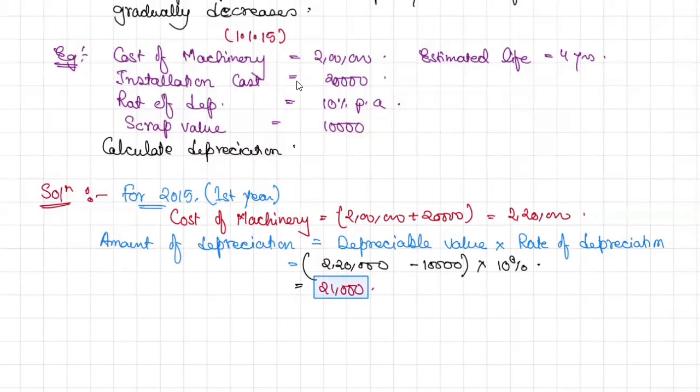We have to calculate the WDV, or we call it the closing balance. So what will it be?